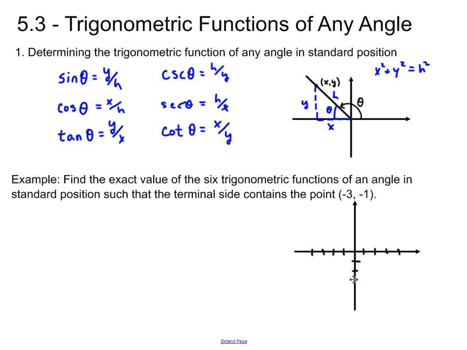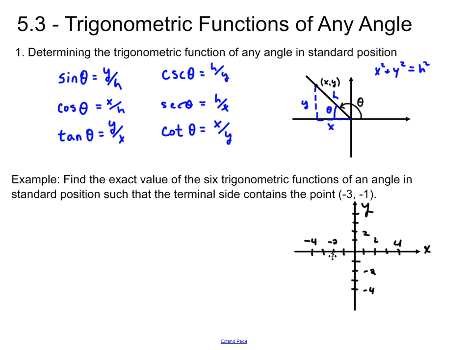I'm just going to label my x and y axes, and we're going to do a little bit of trigonometry with the values that we get. Here's 2, here's 4, here's -2, here's -4 along our x-axis, and 2 and 4 along our positive y-axis.